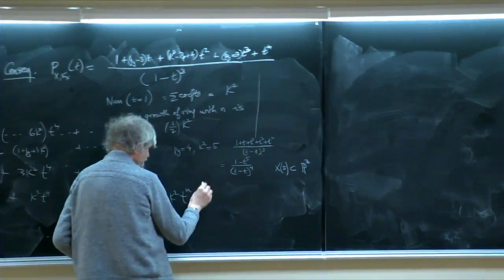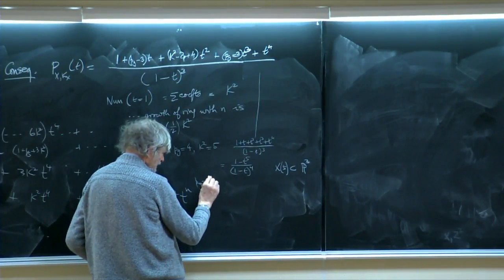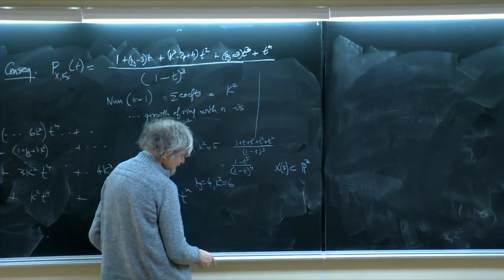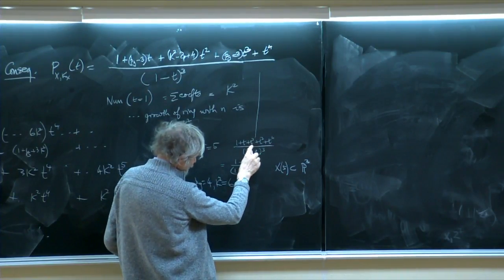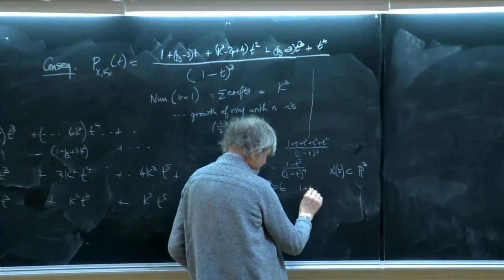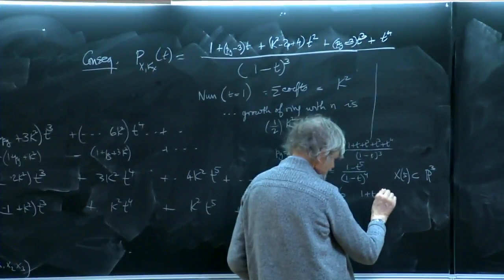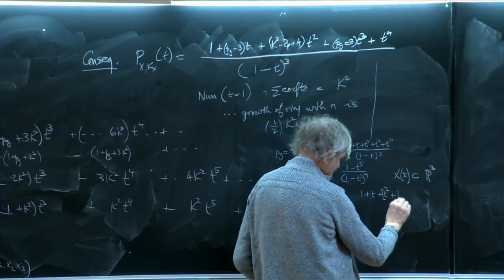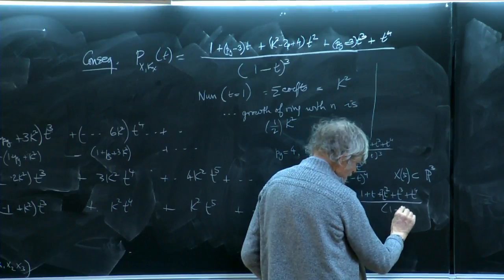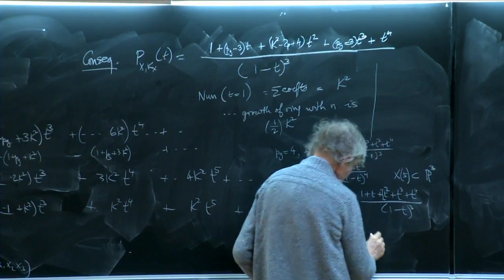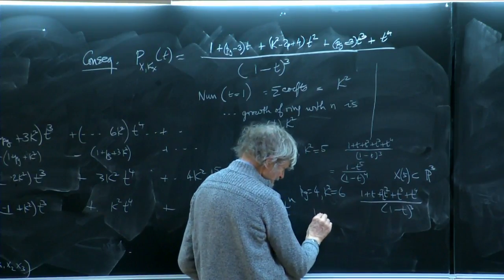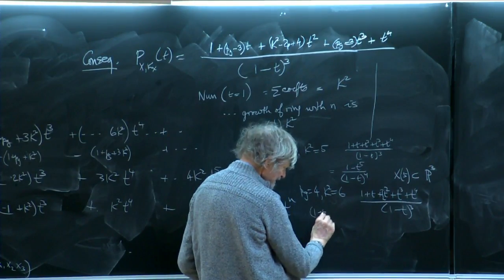Right? So if you do PG equals 4, k squared equals 6, then you get the same thing here, just one more coefficient. Yes? So you get 1 plus t plus 2t squared plus t cubed plus t to the 4th. Right? And again, I'm going to multiply this by 1 minus t.